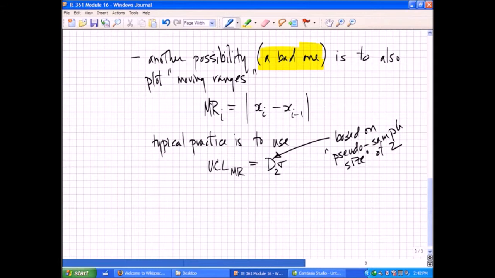The idea being that I've taken into account 2 observations when I make up every moving range.